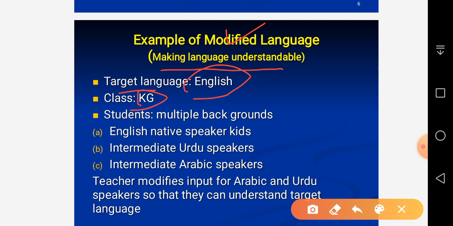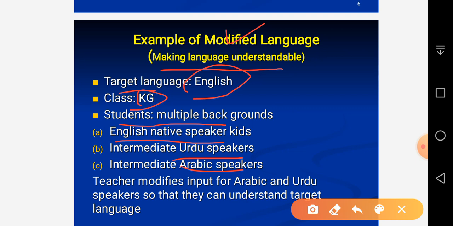In this kindergarten class, students are from multiple backgrounds. There are English native speakers, but they are kids, they are children. They are native speakers, and they are also learning English. But there are also Urdu speakers in the class, Arabic speakers, and Japanese speakers as well. So this is a multi-ethnic class.